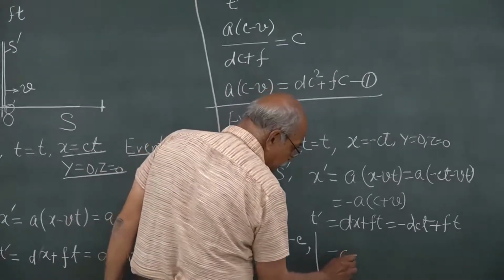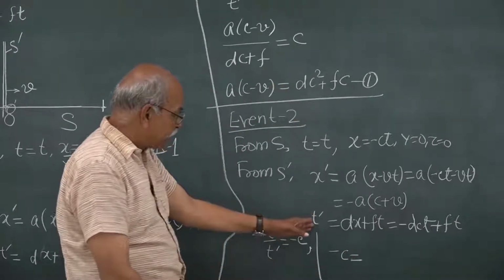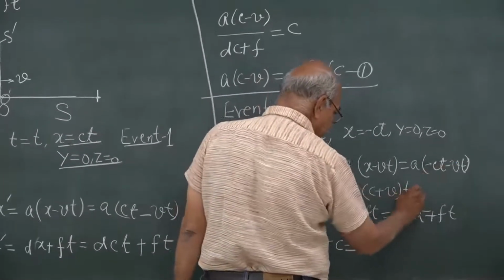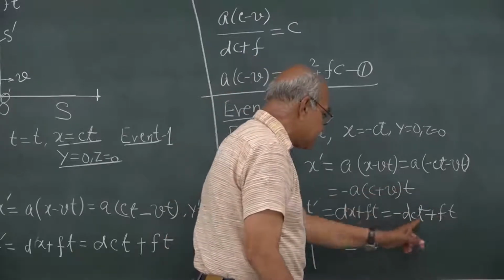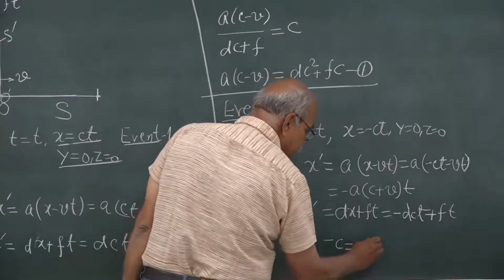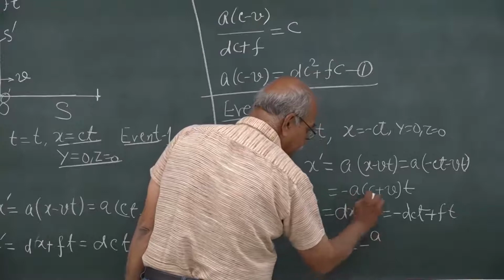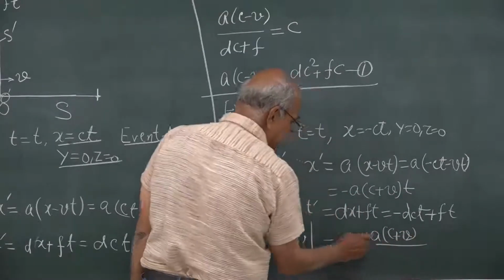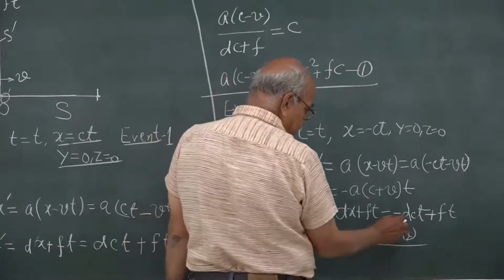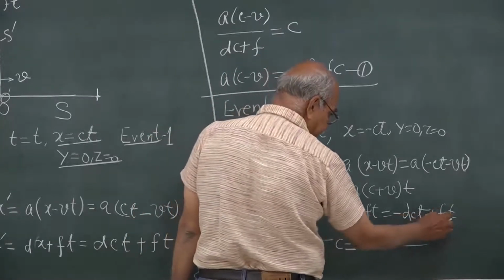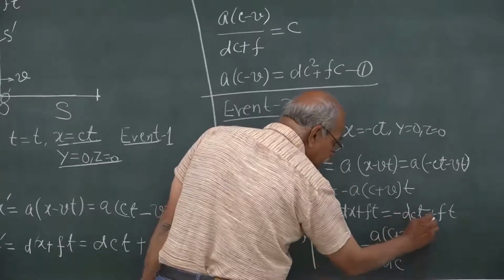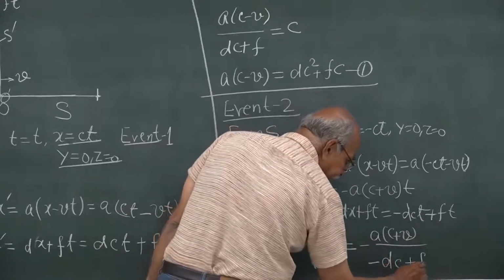Minus c equal to x prime divided by t prime. So, when you divide, this t gets cancelled and you have minus a, then c plus v here, then divided by this, t cancels out. So, minus dc and plus f.